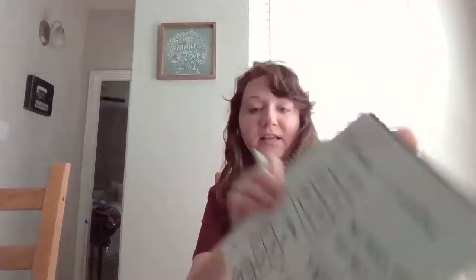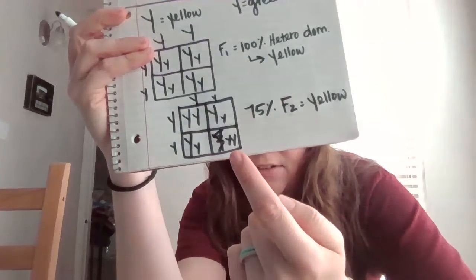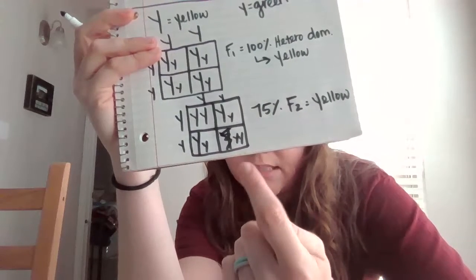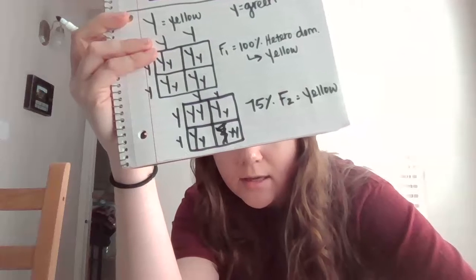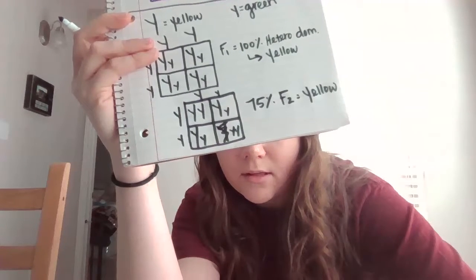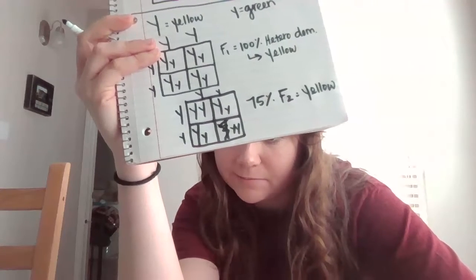Then 75% of F2 is going to be yellow, because only one is homozygous recessive. All the rest have a capital Y, so 75% are going to be yellow. It can be homozygous dominant or heterozygous dominant. So those are the first two problems on slide 18.